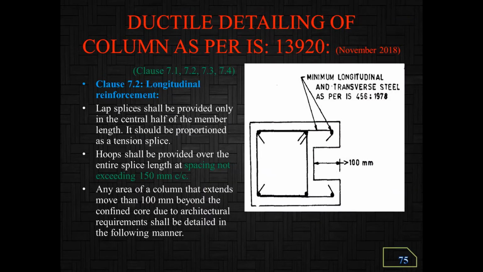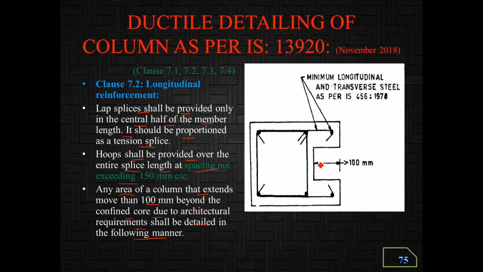Clause 7.2 is for the longitudinal reinforcement. Lap splices shall be provided only in the center half of the member length. It should be proportioned as a tension splice. Hoops shall be provided over the entire splice length at a spacing not exceeding 150 mm center to center. Any area of the column that extends more than 100 mm beyond the confined core due to architectural requirements shall be detailed in the following manner.